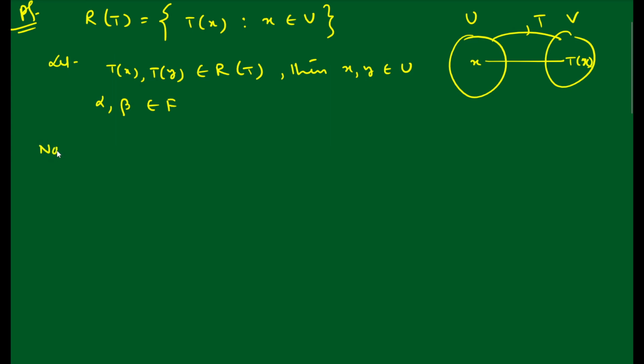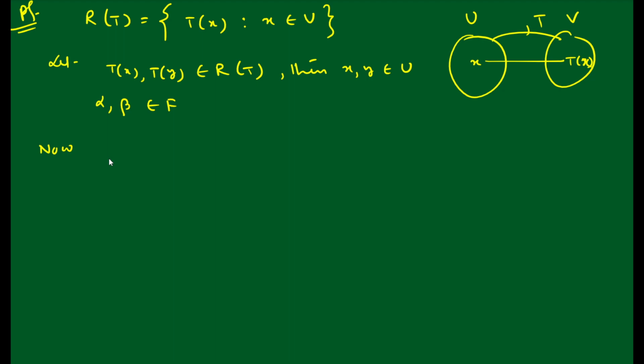Now, or better we can write like this, y1 comma y2. If we take y1 comma y2, then T of alpha x plus T of alpha y.